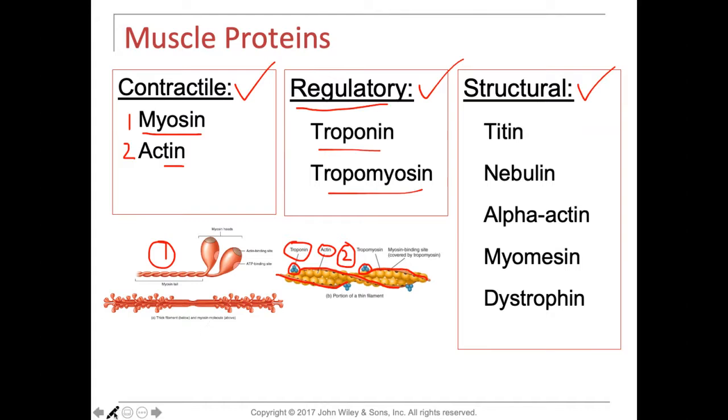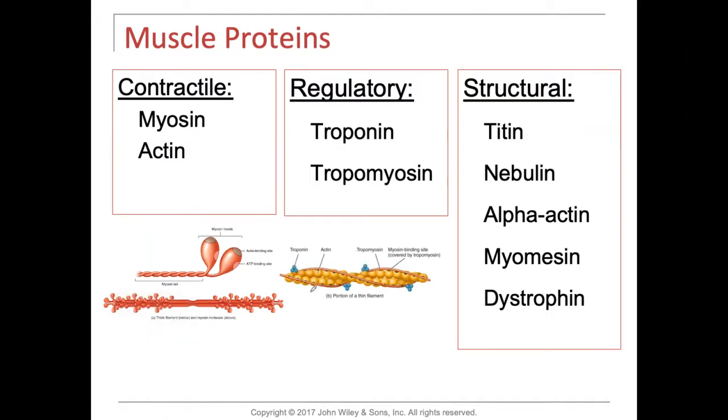Well, why do we need the staple to hold tropomyosin in place? Well, we have to say, what is tropomyosin covering? So you could see here, I'm going to circle this, it says myosin binding site is covered by tropomyosin.